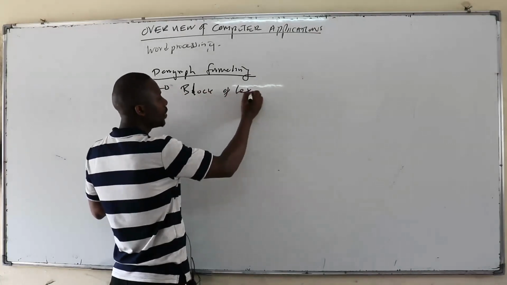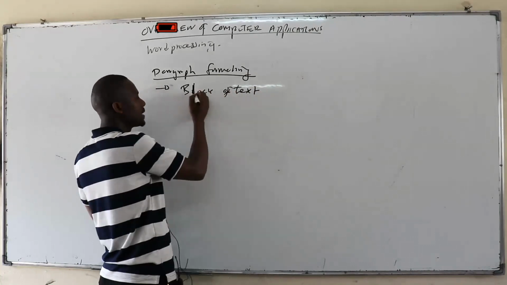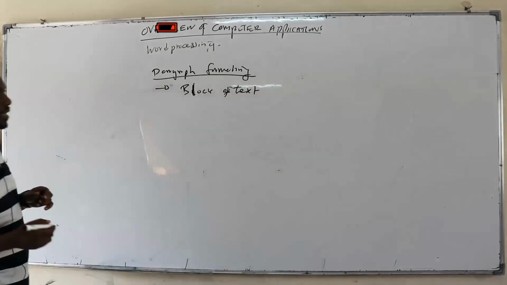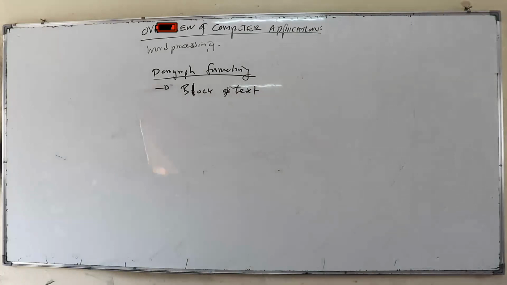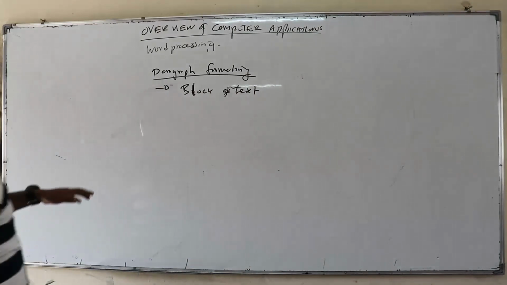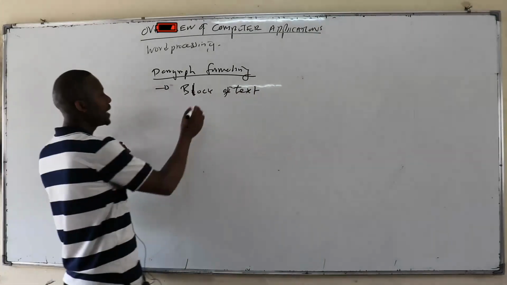The block of text may consist of several sentences, that makes a paragraph. The features that improve this block of text, you can refer to them as paragraph formatting features, and they include the following.